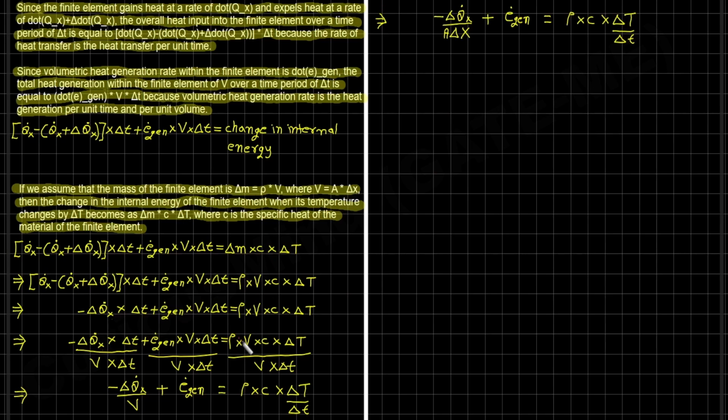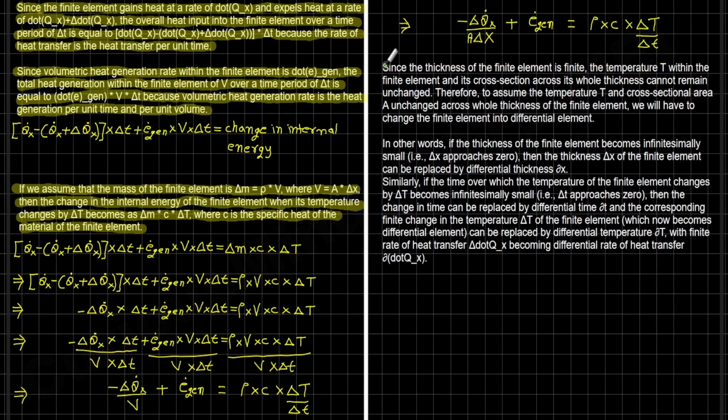All right. So after plugging in the expression of V, we get this expression. Since the thickness of the finite element is finite, temperature T within the finite element and its cross section across its whole thickness cannot remain unchanged.